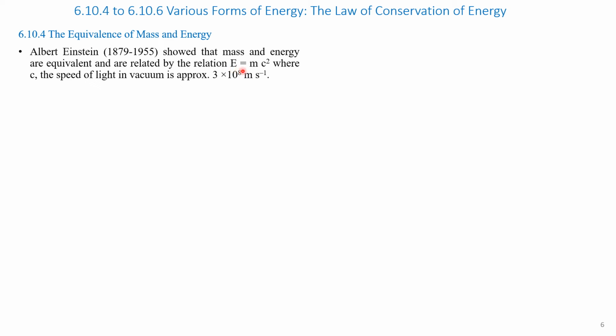In the equation E = mc², E is the energy, m is the mass, and c is the velocity of light. So the left part is energy and the right part is mass and velocity.